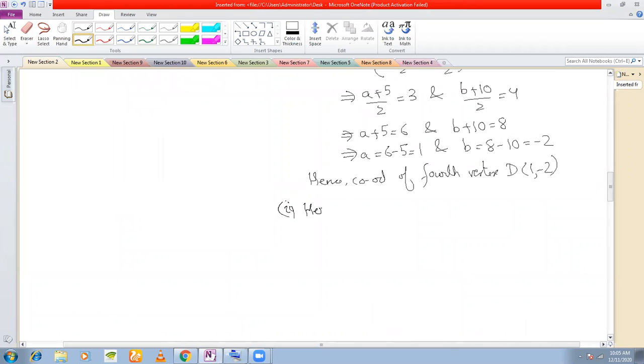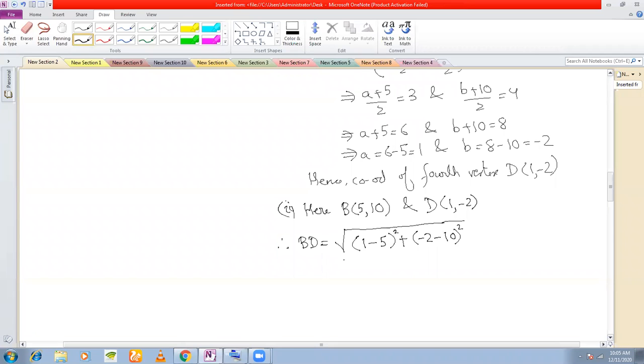The coordinates of B are 5, 10, and the coordinates of D are 1, minus 2. Therefore, BD is root over of 1 minus 5 square plus minus 2 minus 10 square.